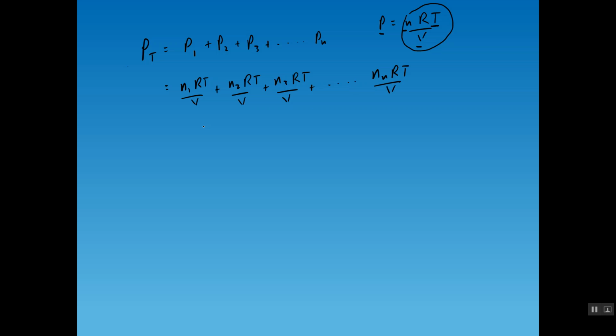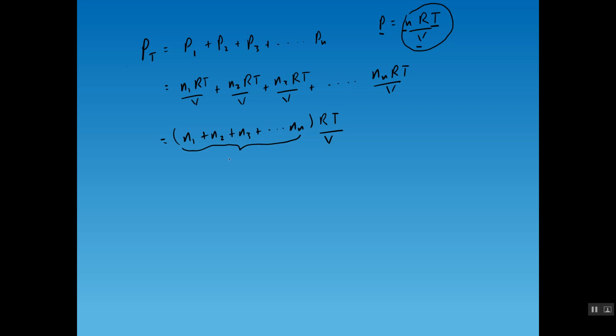All right? And we can simplify this a bit by factoring out RT over V, and we'll end up with n1 plus n2 plus n3 plus continuing to nn, all of that multiplied by RT over V. So this part here, within the parentheses in this expression, would represent the sum of the number of moles of all the gases in the mixture.